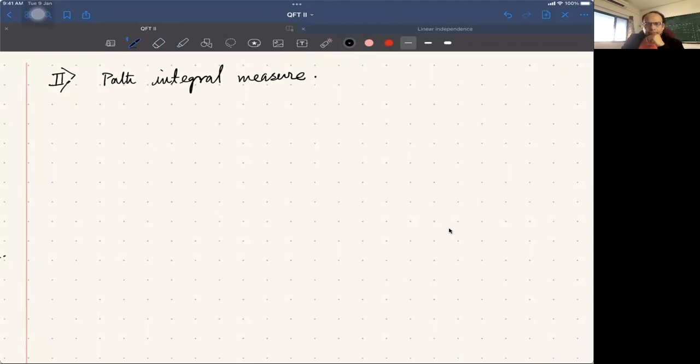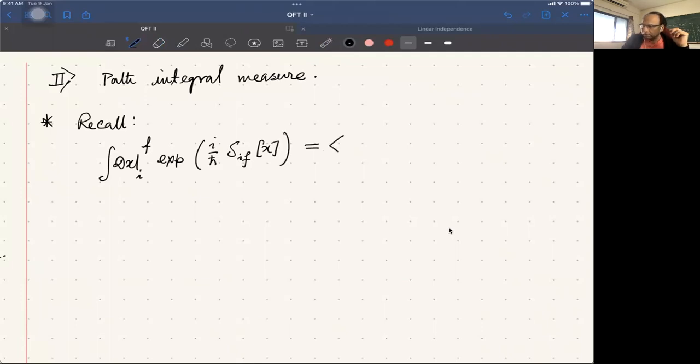Recall the formula for the path integral from i to f, exponential i by h bar S of x, is given by x f e to the power minus i by h bar H times tf minus ti, x i.